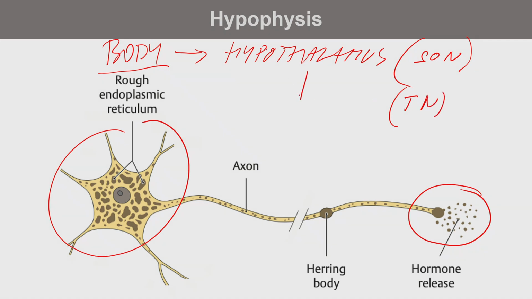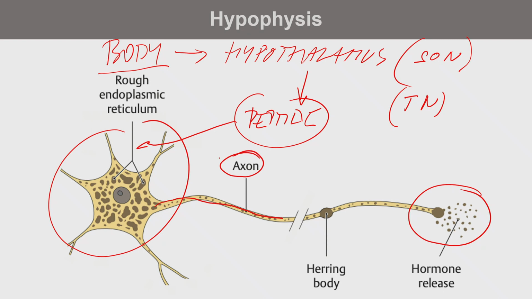And then they are producing some peptide, and the peptide is made in the rough endoplasmic reticulum, and then due to axonal transportation, they are forming so-called Herring bodies, which are packed with a high concentration of this product.